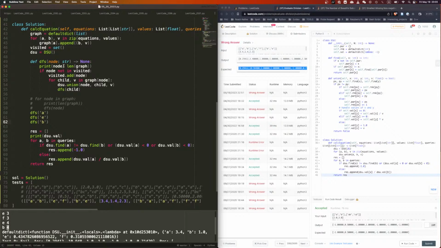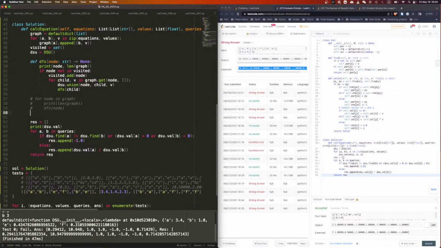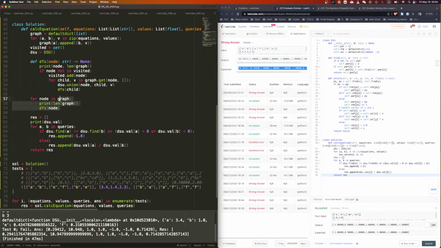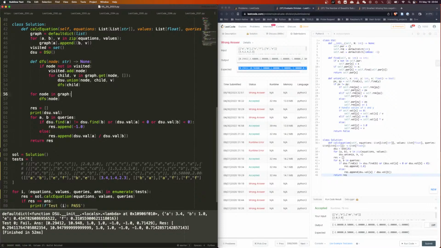Graph. Oh. Damn. There we go. All right, so this is right, but our value is still not. All right, what's the problem now?